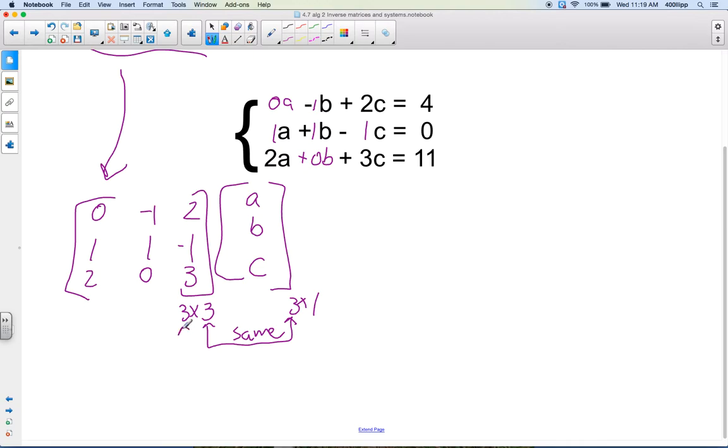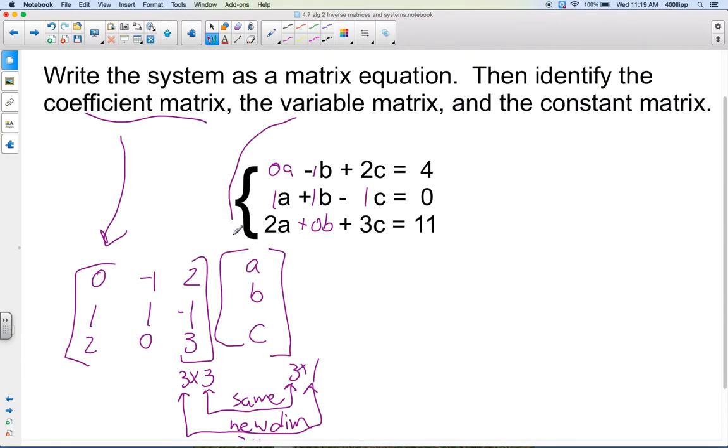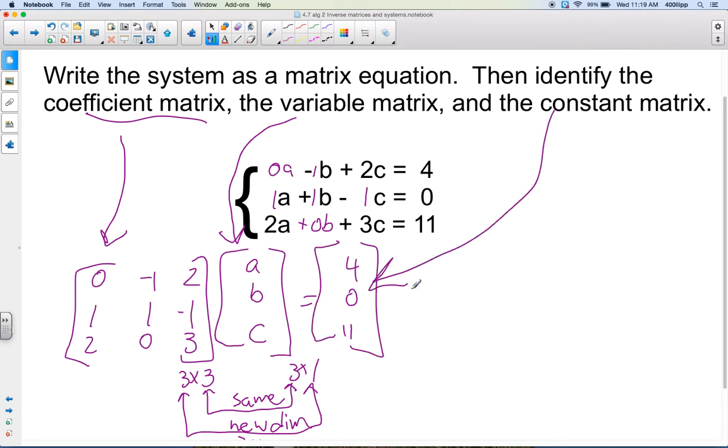So we know that the new matrix, when you multiply them, will be a 3 by 1. Those will be the new dimensions when you multiply them. So the A, B, and C, that's your variable matrix. And then that will be equal to your constant matrix, which is 4, 0, 11. It's just whatever the equations are equal to. Here's your constant matrix.